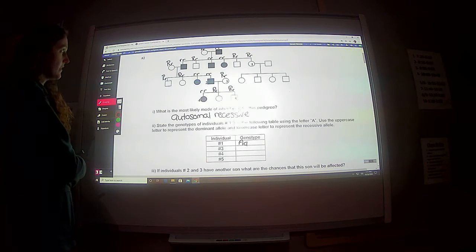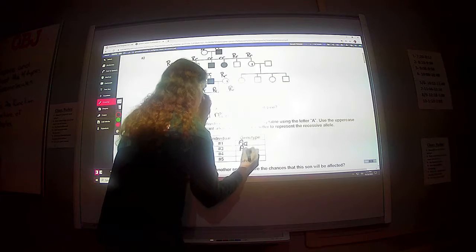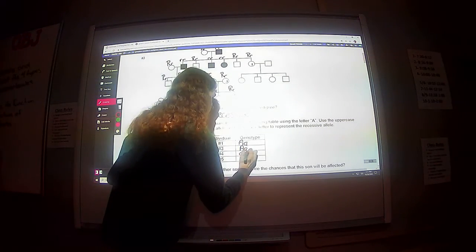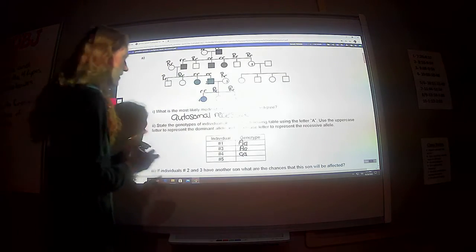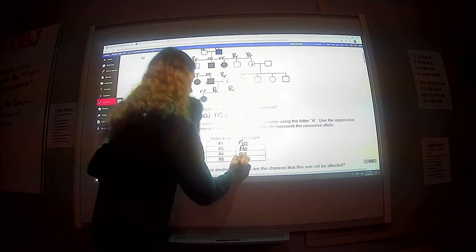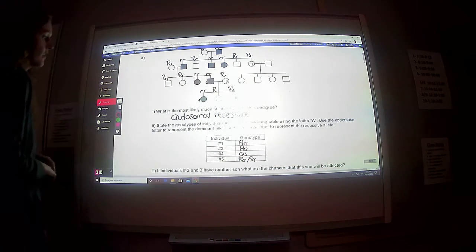Number 3. Number 4 is affected, so there are 2 littles. And number 5 is going to be heterozygous. So 1, 3, and 5 are all heterozygous. Number 4 is recessive.